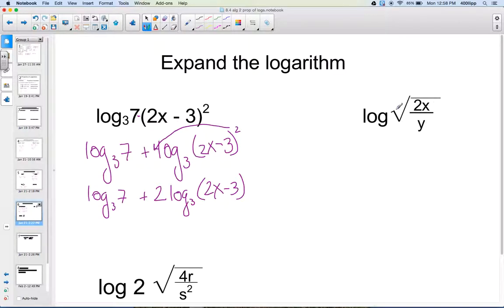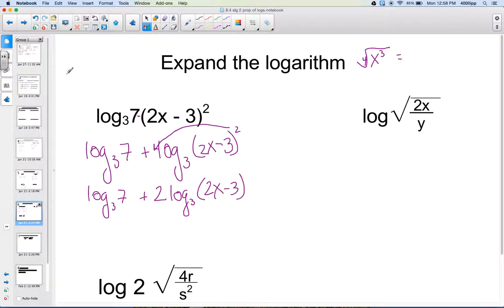Alright, if we look here, we have a radical, and we don't have any radical properties. So if we just remember a couple things here, for example, what is going to be the 4th root of x cubed?